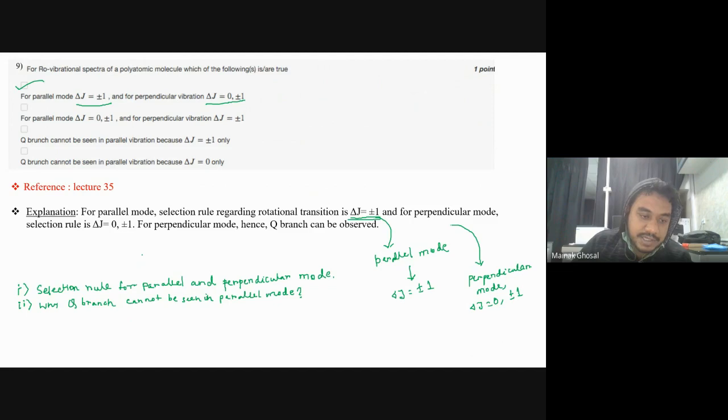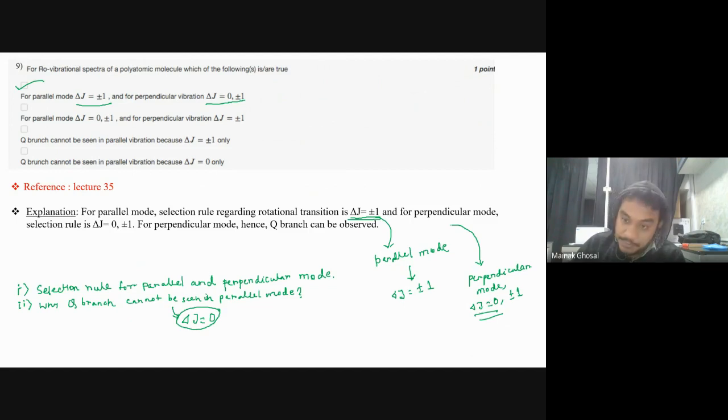Now, the second question is, when will the Q branch be seen? You know the condition under which the Q branch will be seen. The condition is delta J should be equal to 0. Now, you have to find in which mode delta J equal to 0 is there. You can see in perpendicular mode, delta J equal to 0 is present.